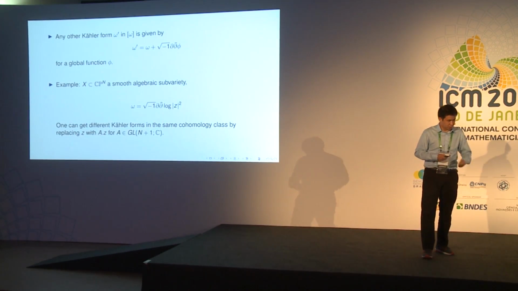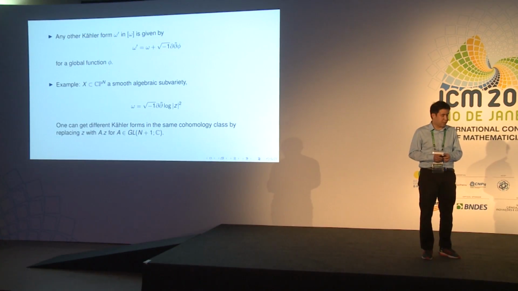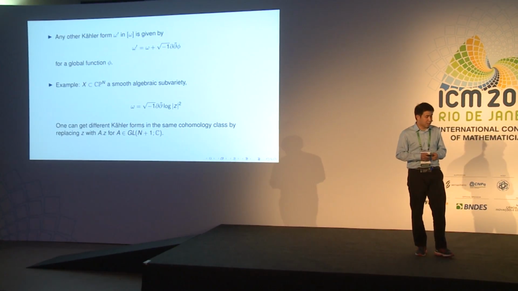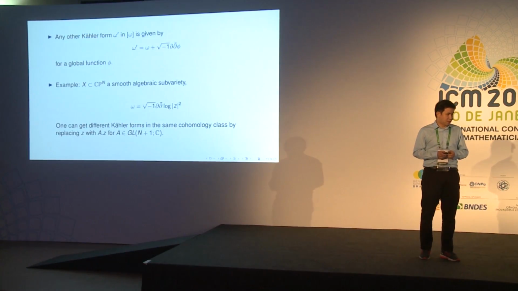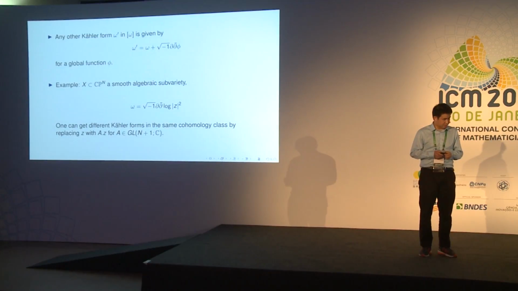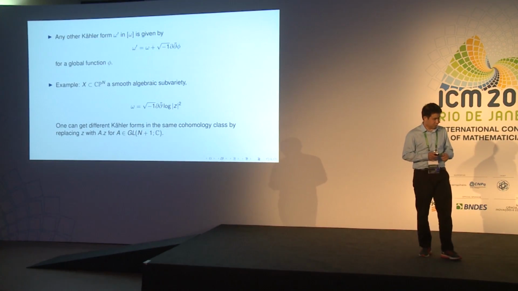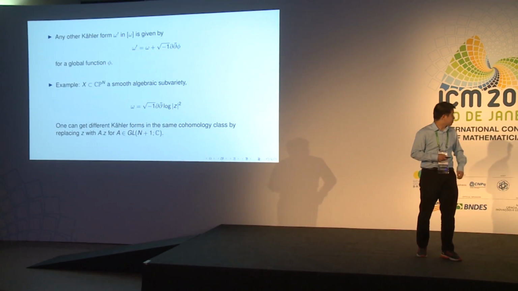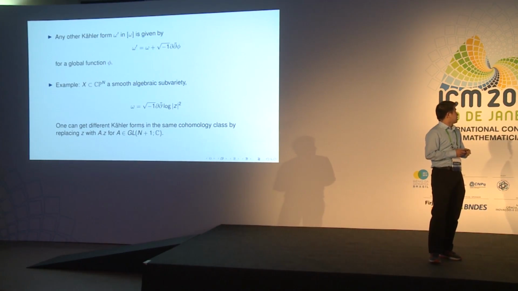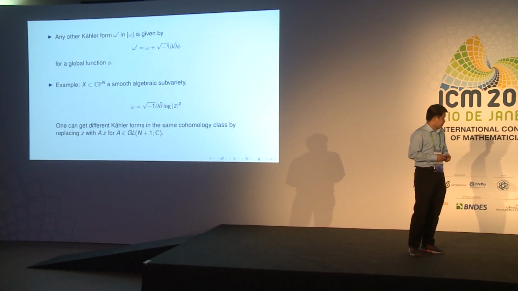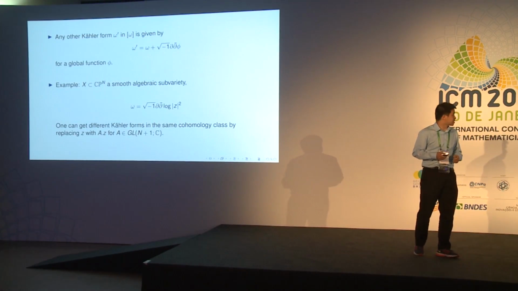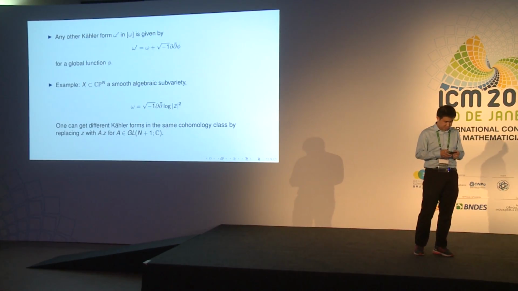In general, you can always move X in CP^N by projective linear transformations, and in general, that will change the Kähler metric, but the Kähler class is still the same. So here, for this A in GL(n+1, C), the induced set of Kähler forms can be viewed as a subspace of an infinite-dimensional space consisting of phis.